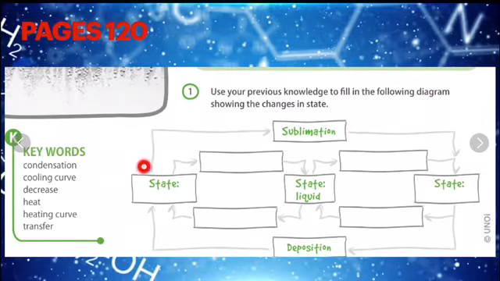Let's start over here where it says state. If this one right here is liquid, there are two types of states missing. Let's try to put this one as a gas, okay? So, let's try to put this one as solid, okay?